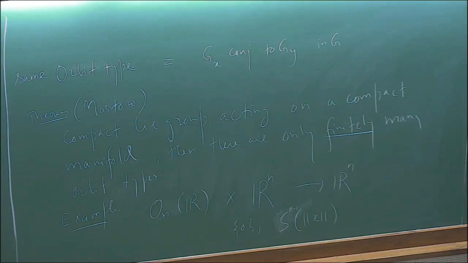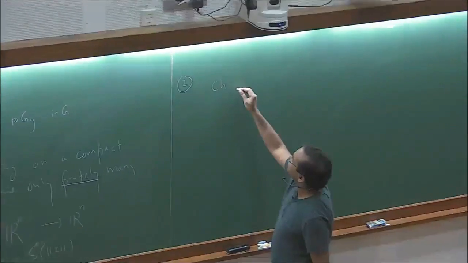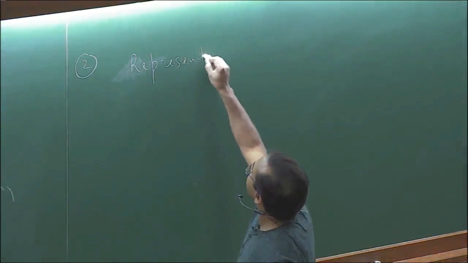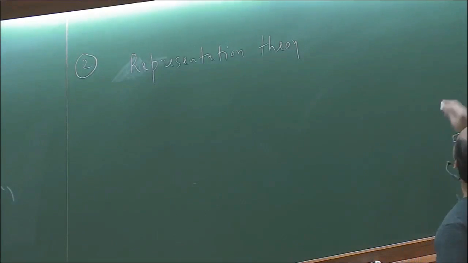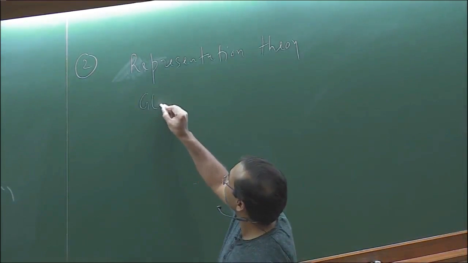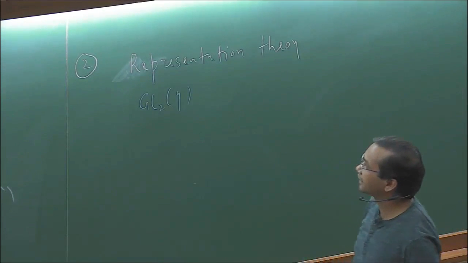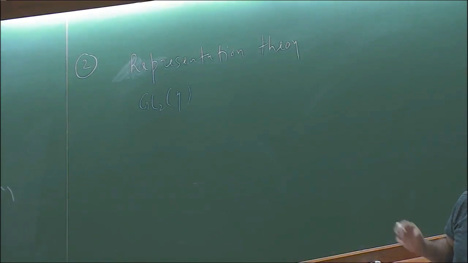Another motivation for me is what you already saw earlier in the lectures from representation theory. We had seen the character table of a group, maybe SL2(q) or GL2(q). If you look at the character table of GL2(q), you see that many conjugacy classes are grouped together, and the characters are also grouped together.